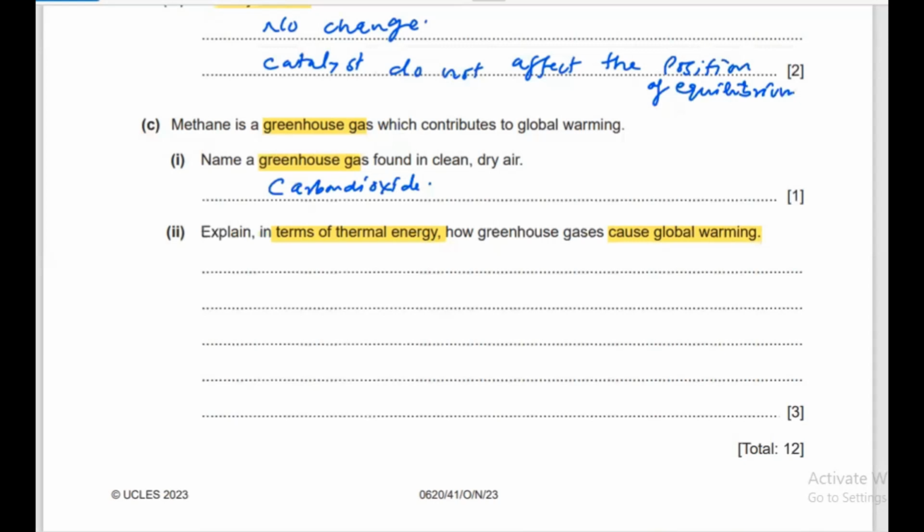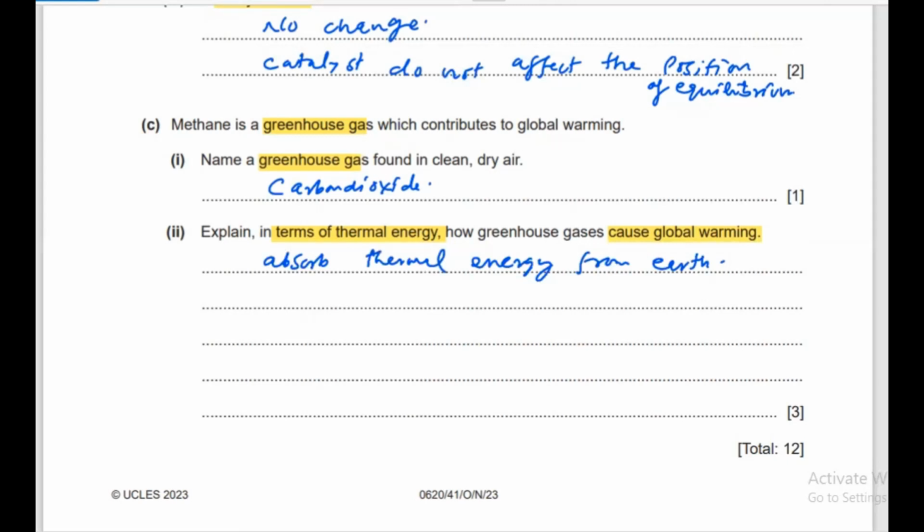Actually, the greenhouse gases absorb thermal energy from the Earth, and this thermal energy is absorbed by the Earth from the Sun.